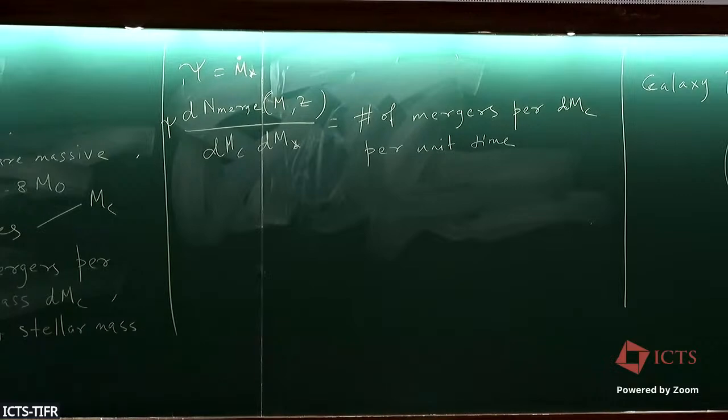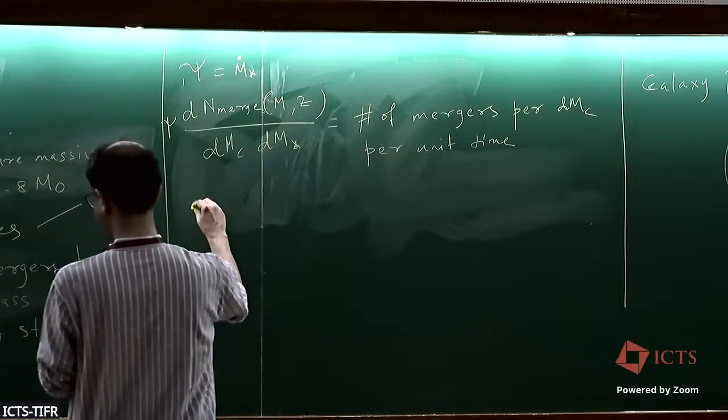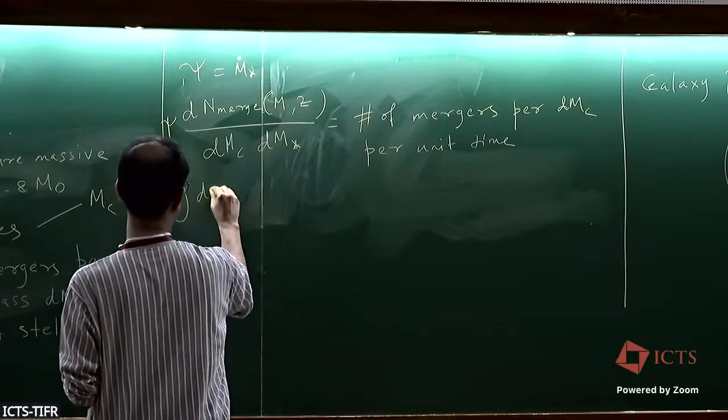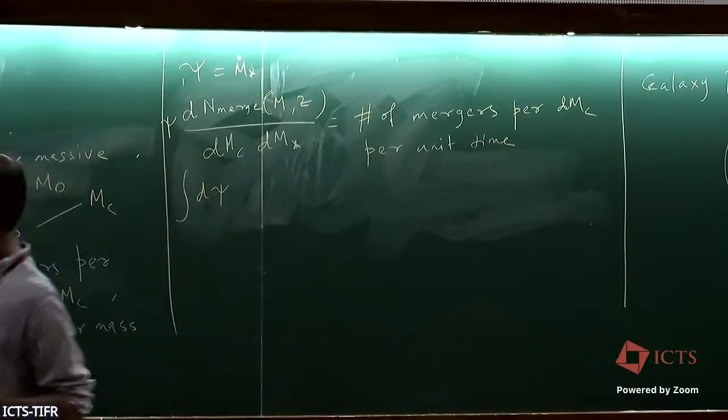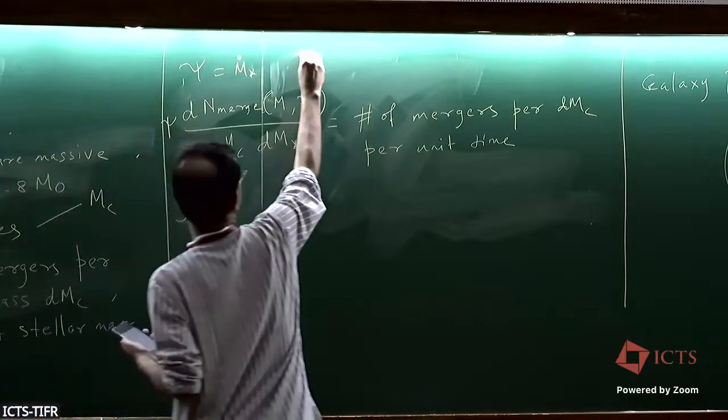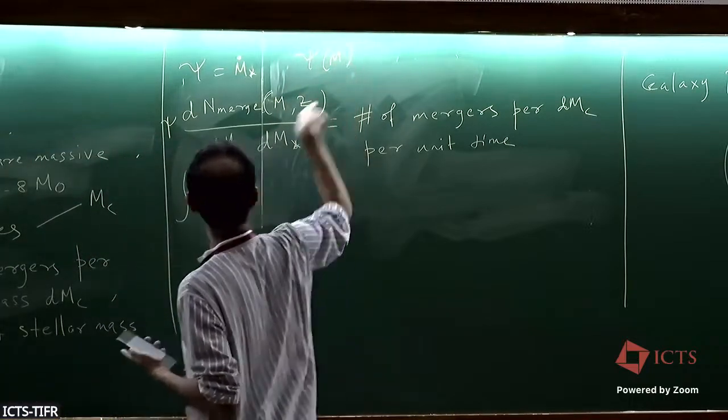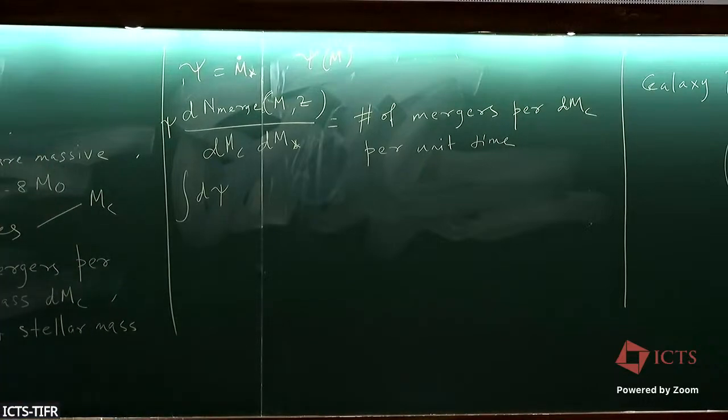Now, if you have followed what we were doing for the galaxy luminosity function, the next step is to integrate over all halos. So this is for one halo of mass m, and now I will integrate over all halos. For each halo, I have found out the star formation rate. In that case we went to luminosity, but let us say I have a way to calculate star formation rate for each halo.